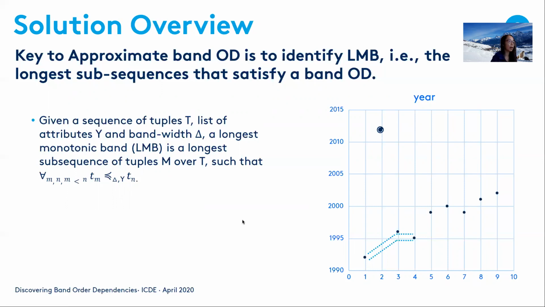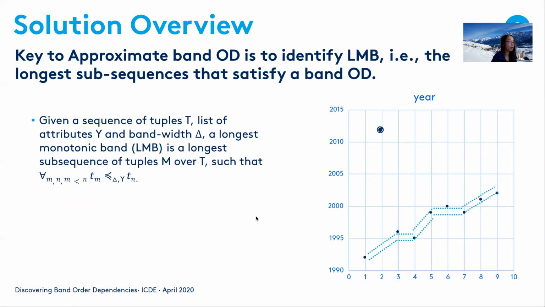For the tuples that satisfy the predefined band order dependency, we can always draw two increasing or non-decreasing lines so that the tuples are inside the space between the two lines, and the distance of the two lines is within a bandwidth delta. We call such a subsequence a monotonic band.